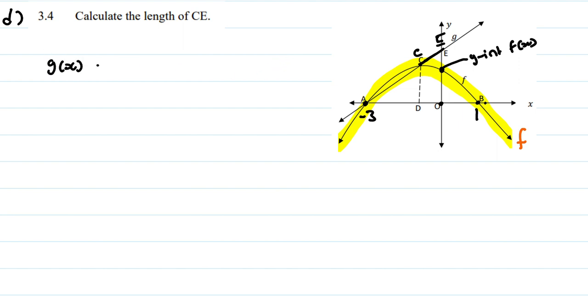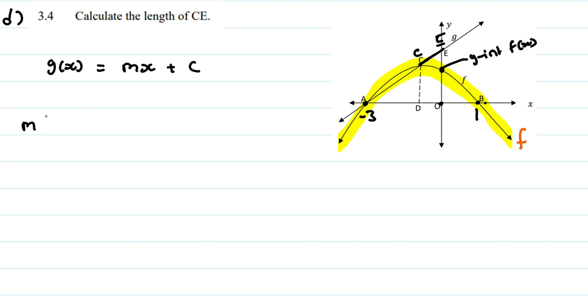So we have g of x is equal to mx plus c, which m is the gradient and c is the y-intercept. So c is basically the y coordinate of E. So let's go ahead and find the gradient.